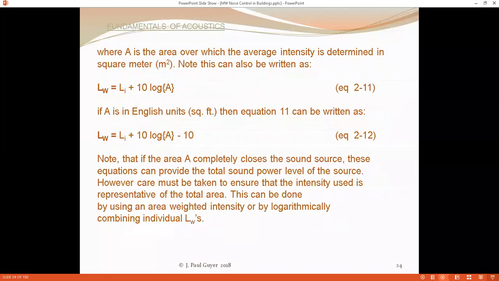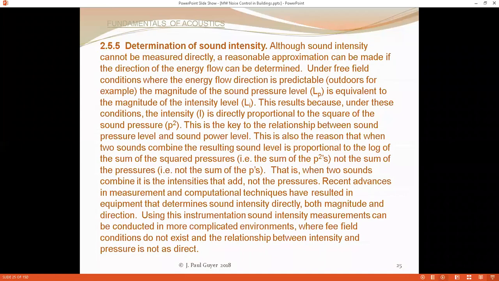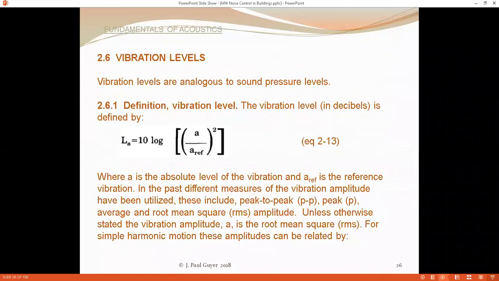Let's talk briefly about vibrations here.